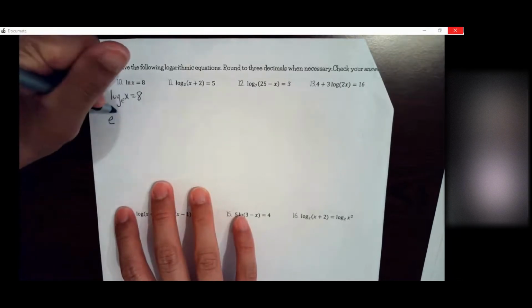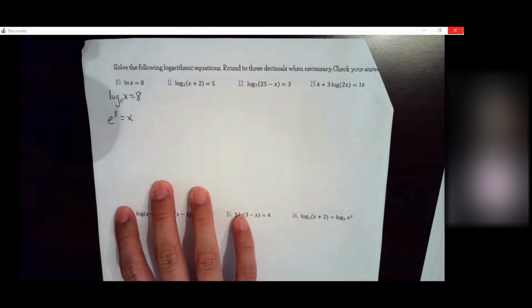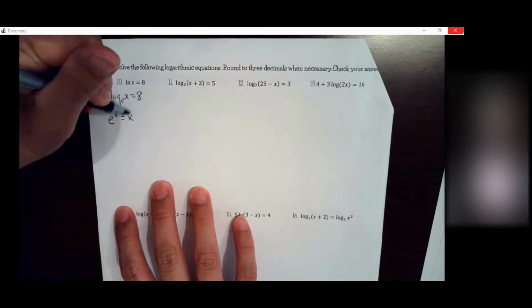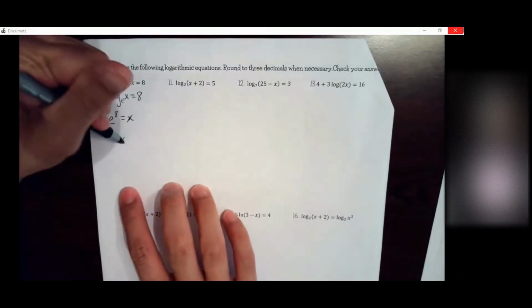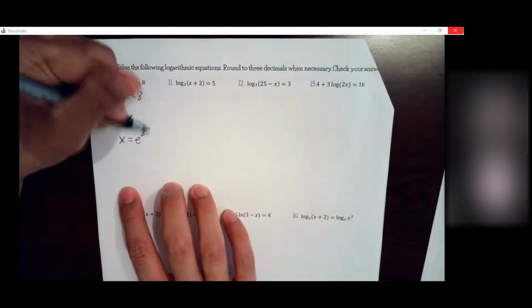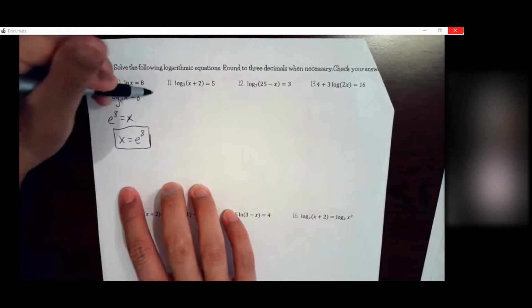So e^8 equals x. And then can we take the natural log? Nope, you already have your answer. You have x by itself. Oh, so a lot of times, once you get to exponential form, it becomes a lot more clear as to what your answer is going to be.